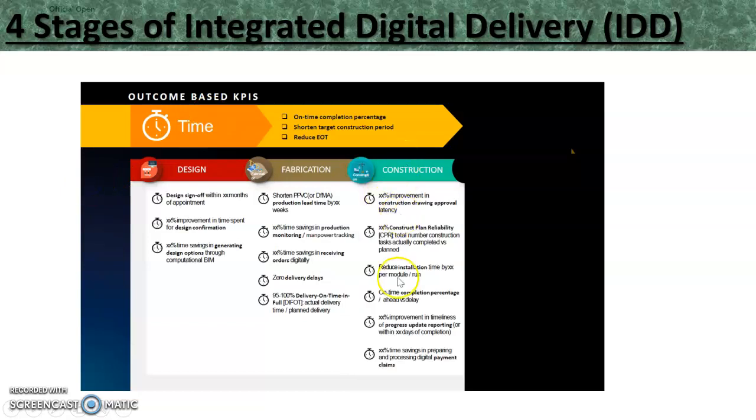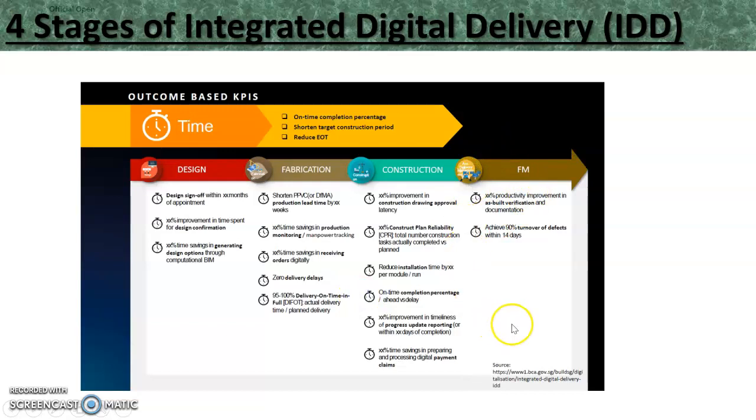And the construction team, they can say that they want to have a certain percentage of improvement in the construction drawing approval latency. Percentage improvement on the construct plan reliability, reduce the installation time by a certain module per run, on-time completion percentage, percentage improvement in timeliness of progress updating report, percentage time savings in preparing and processing digital payment.